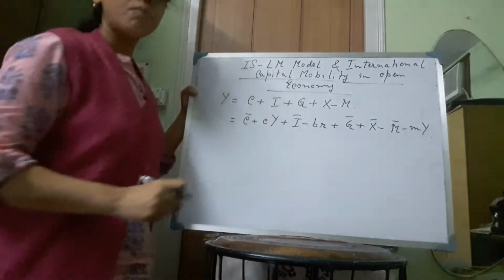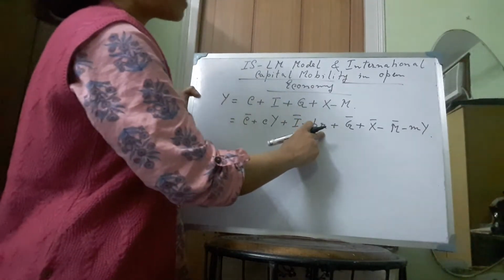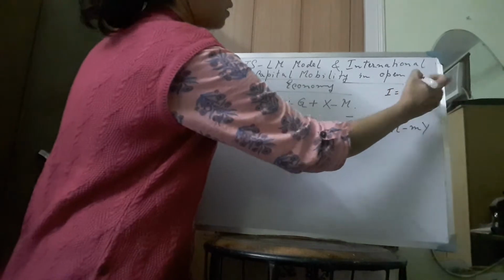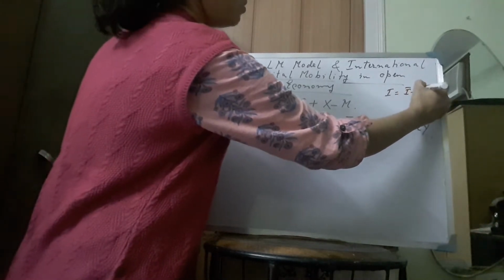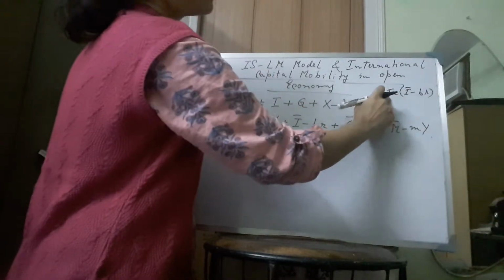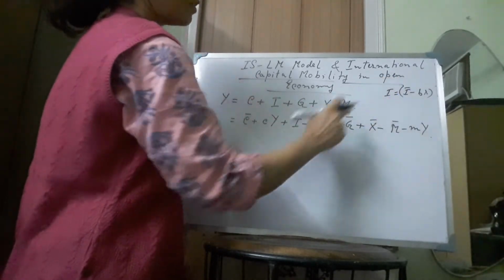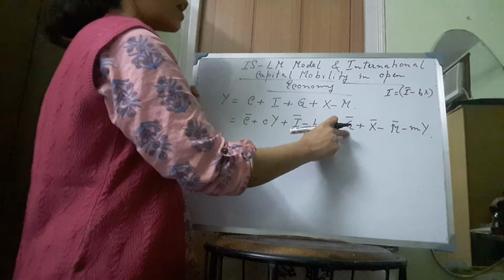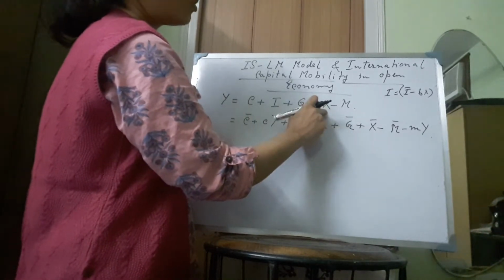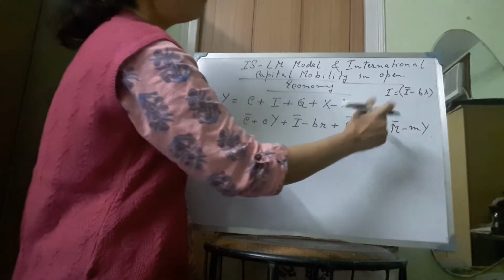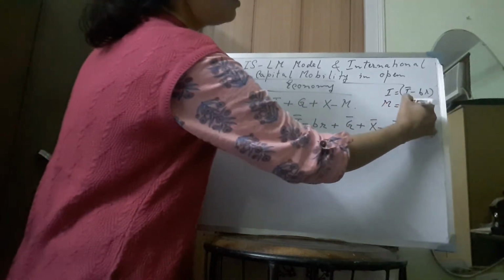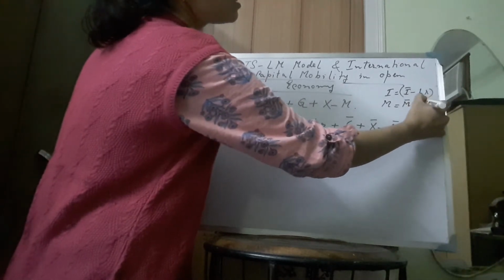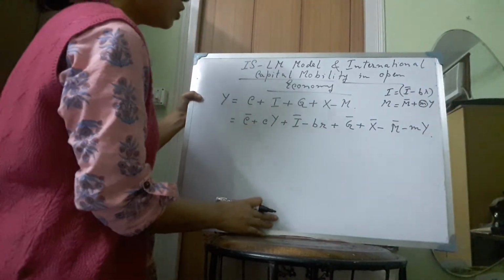I bar is the autonomous investment, r is the rate of interest, and we know that total investment is inversely related to the rate of interest. So the investment function is represented by this equation. G is the government expenditure which can be assumed as autonomous, then X is the total export which is also autonomous, then total import is equal to M bar plus small m Y, where small m represents the marginal propensity to import.